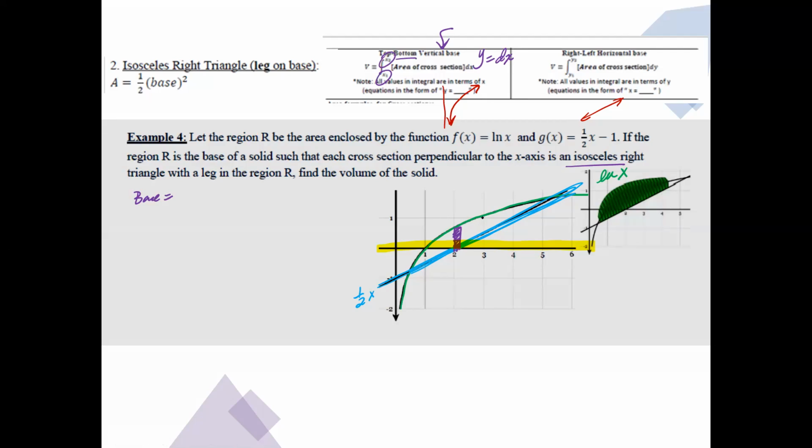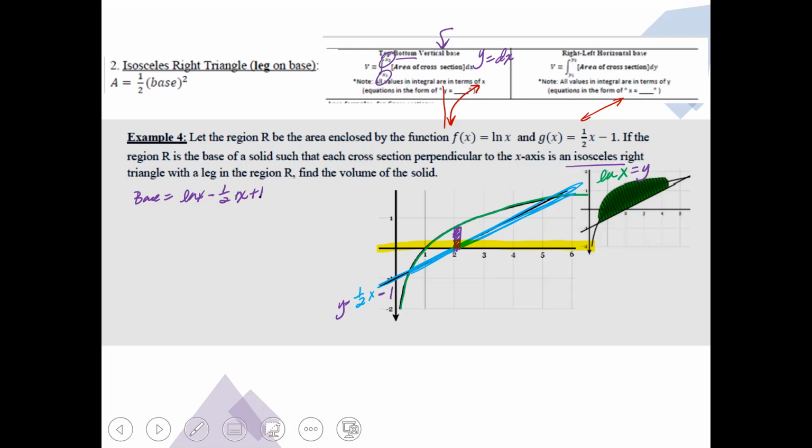Top, it's touching the green part, which is just going to be ln x, and thank goodness because you solve for y in this situation. Okay, so it's just ln x minus the second part of the graph, which is 1 over 2x minus 1. So it's minus 1 over 2x plus 1.